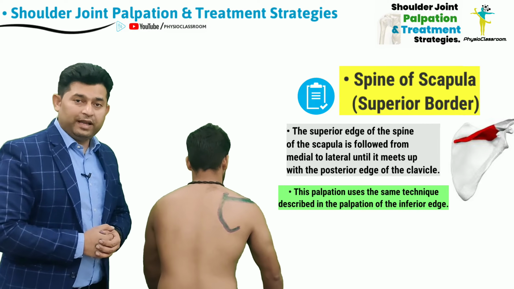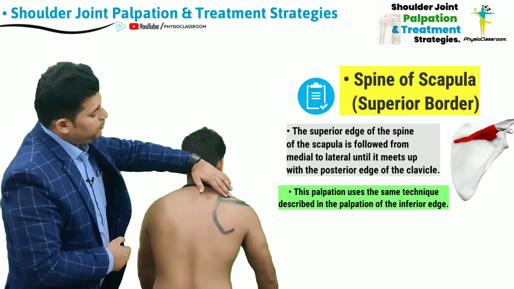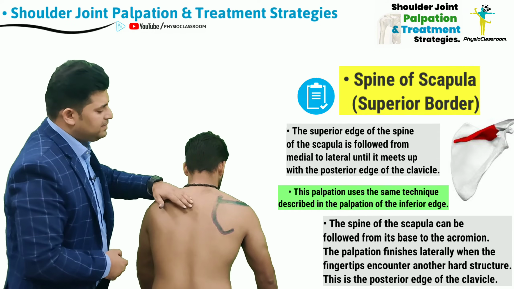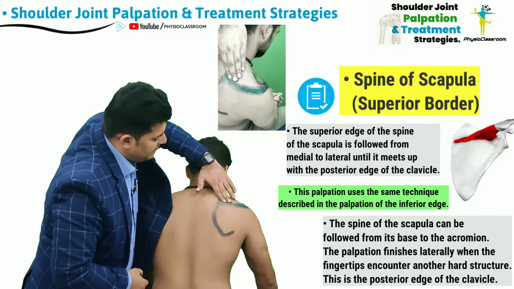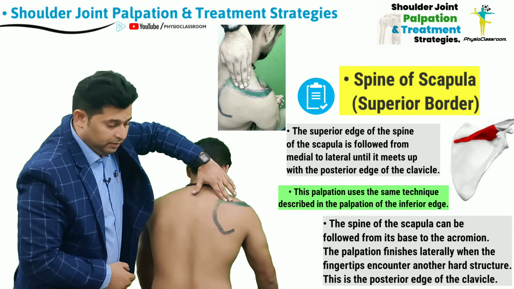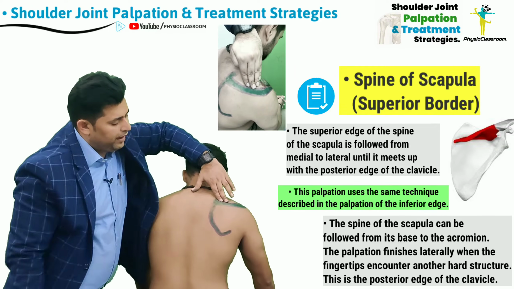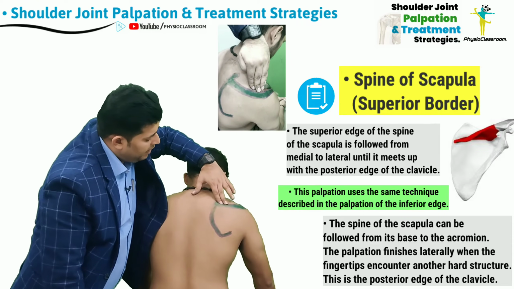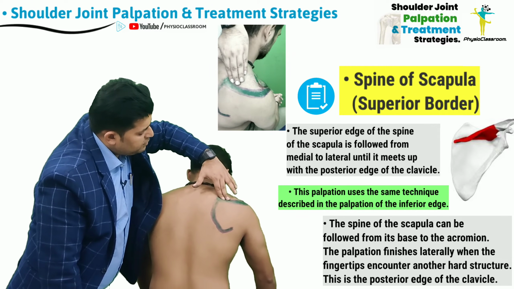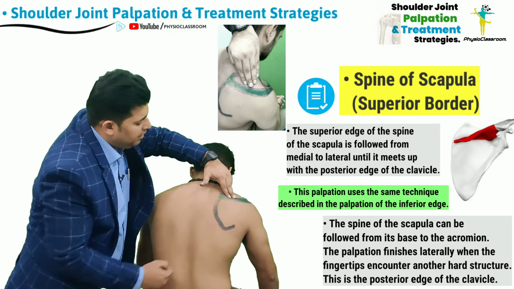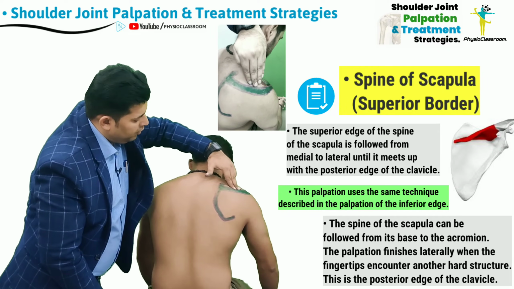Similarly, the therapist should next try to palpate the superior edge or border of the spine of the scapula. For this, the therapist again utilizes the same perpendicular palpation method, and this time the fingers are aligned from the superior to inferior direction. The superior border of the spine of the scapula is palpated and followed in the lateral direction towards the acromion.